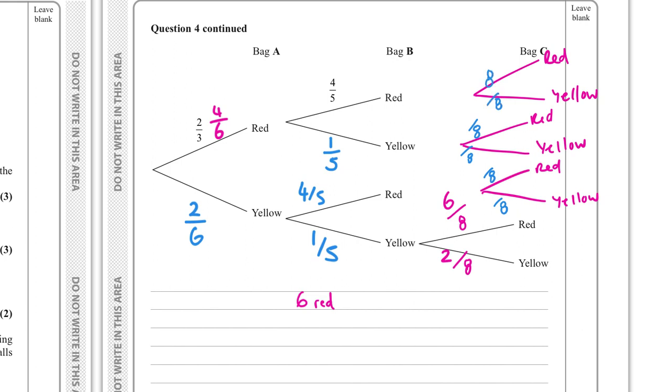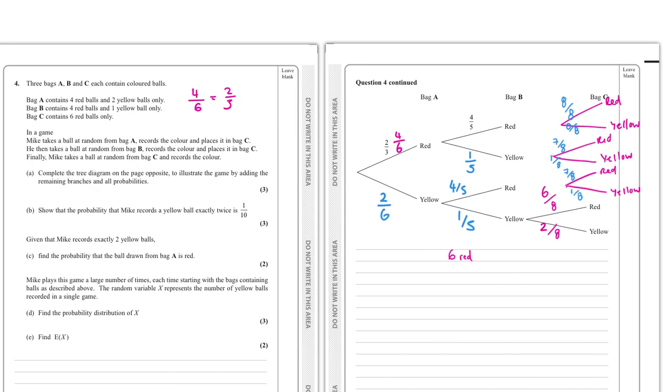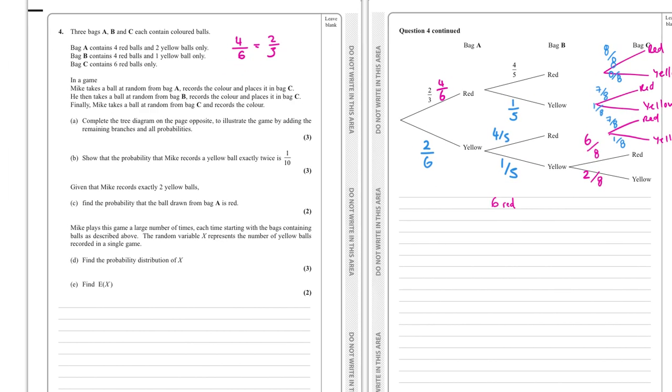But we've added 1 more yellow, so that's 1 yellow and 7 red. For the next one, it's the same again. Okay, 1 yellow from B, another red from A. For this one, how many yellow? There's going to be 0 yellow, and then if we get red from bags A and B, we're going to get 8 red. I hope I explained that okay. I was trying to figure it out in my head at the same time.